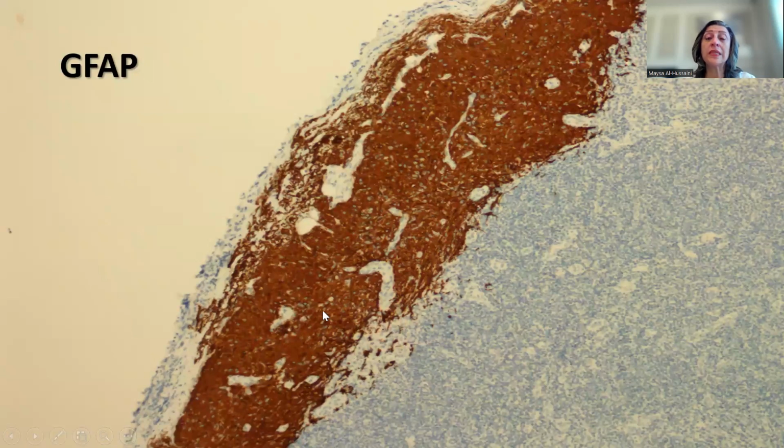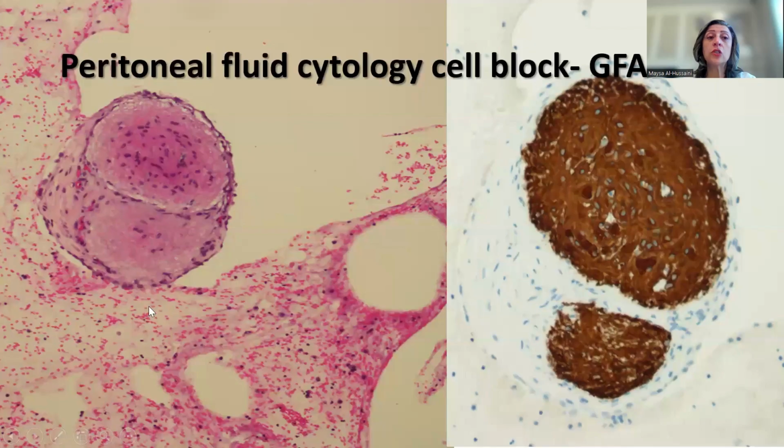So this was consistent with nodal gliomatosis, a rarely described entity. The cell block performed from the peritoneal fluid also revealed evidence of gliomatosis that was further highlighted with GFAP immunostain.